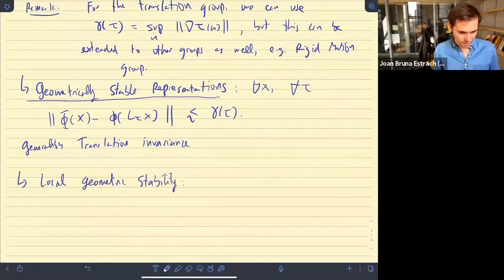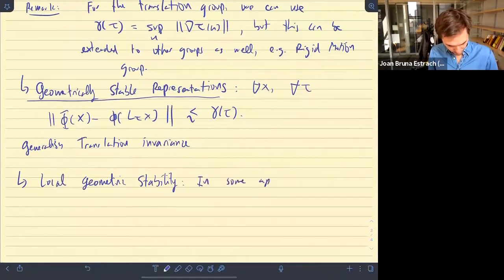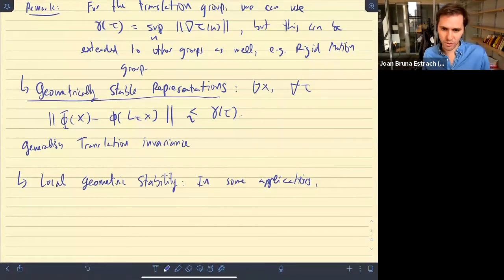In some applications, we might not necessarily be interested in having a representation that is invariant to the whole translation group, but only to small translations, local translations. That is something that we can also totally accommodate in this definition. So, for example, we are interested.